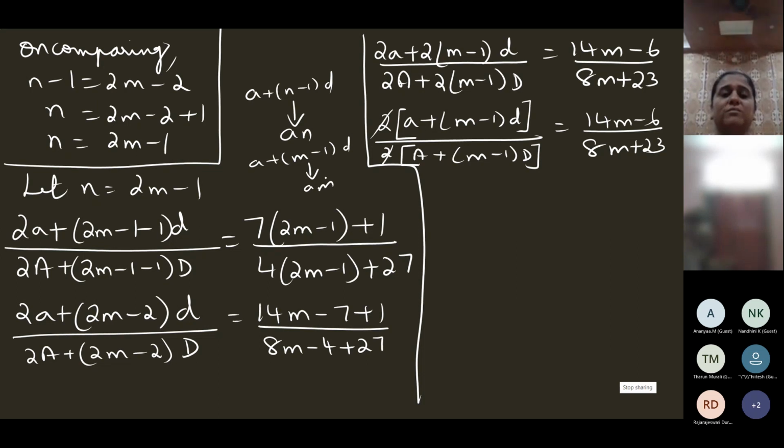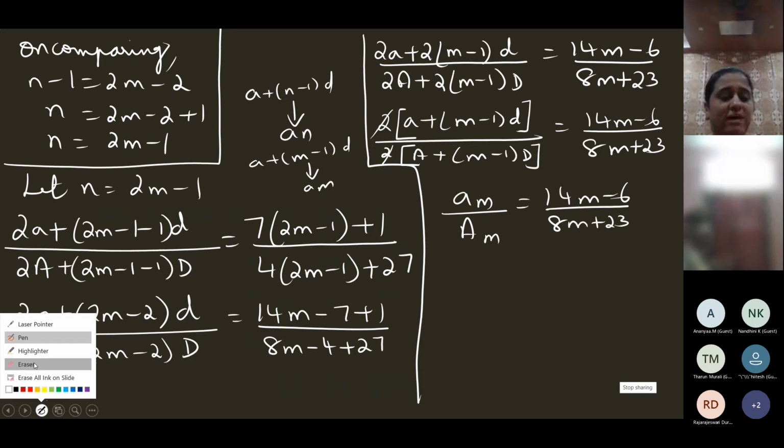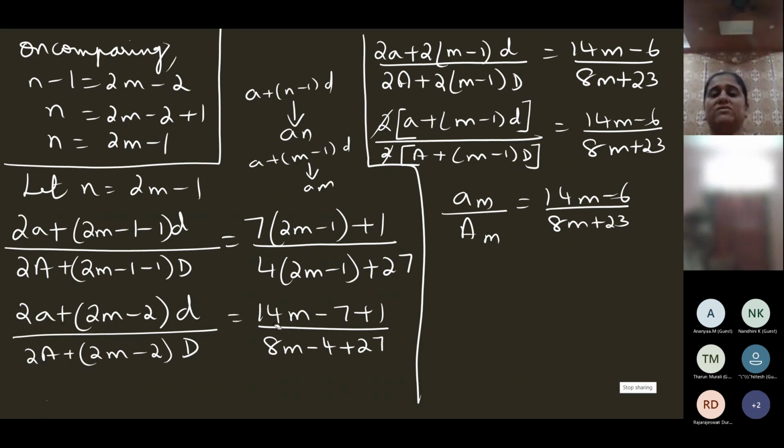It is am. Very good. So a plus m minus 1 into d is nothing but Am by am, capital, is equal to 14m minus 6 divided by 8m plus 23. So this is the ratio of their mth terms: 14m minus 6 by 8m plus 23.